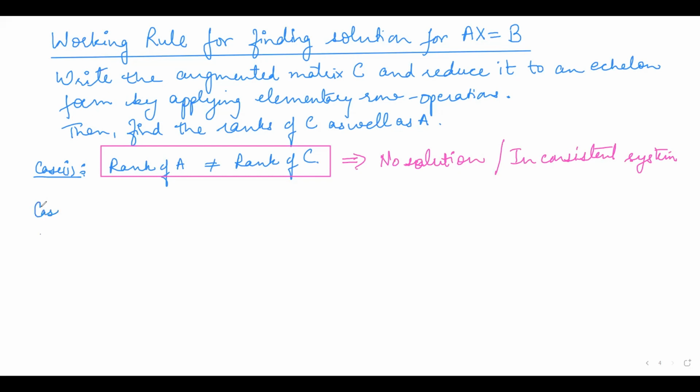Second case, the rank of A is equal to the rank of C, and it is equal to the number of unknowns. The number of unknowns is basically n generally.